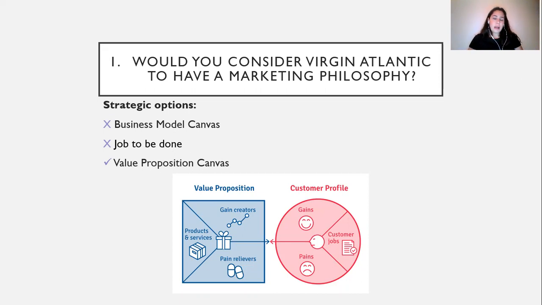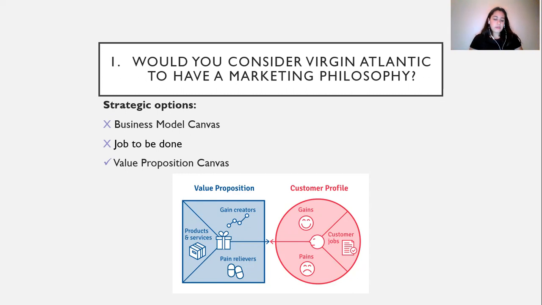The value proposition canvas, then we can start defining the product and services, that it's basically transatlantic flights or long flights for business mainly, or business or very attractive destinations.